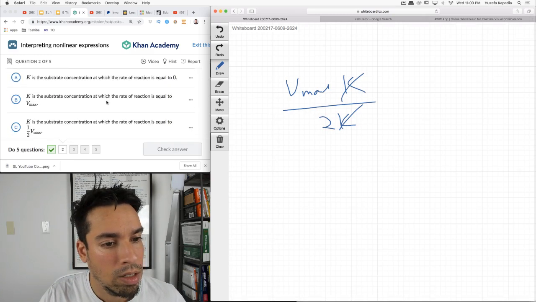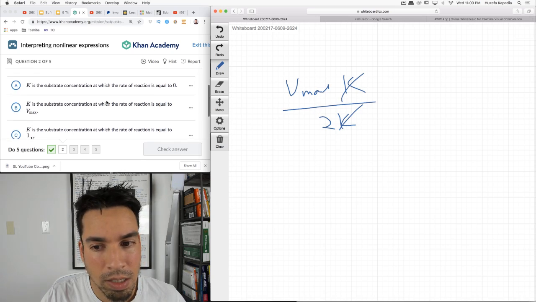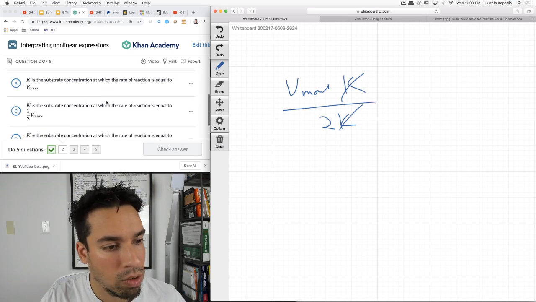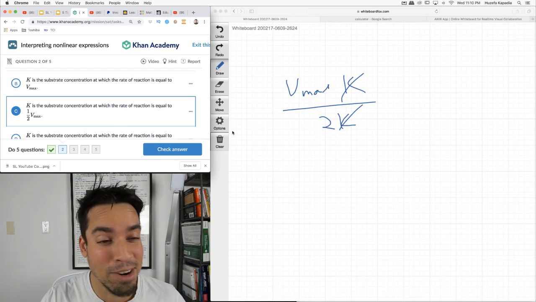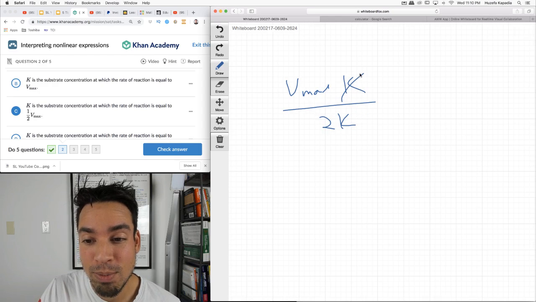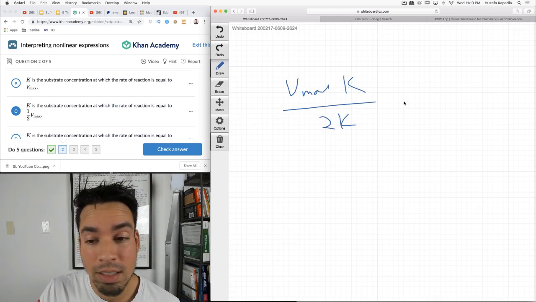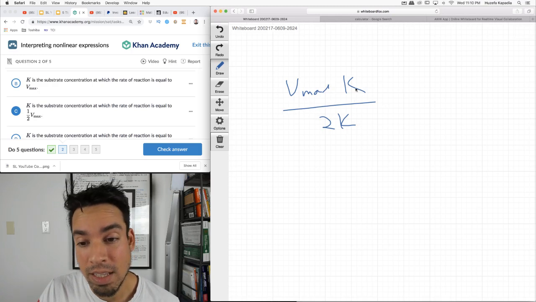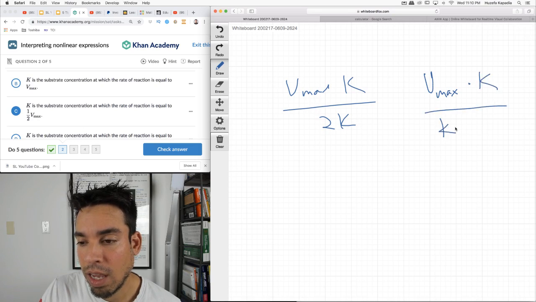I'm eliminating A, at which the rate of the reaction is equal to V max. No, it's equal to V max over 2. It's this. Whoa, this is so hard. I mean, I think that's right, but you have to think to plug K in for S and then solve. And so look, what you get is V max times K over K plus K, right?